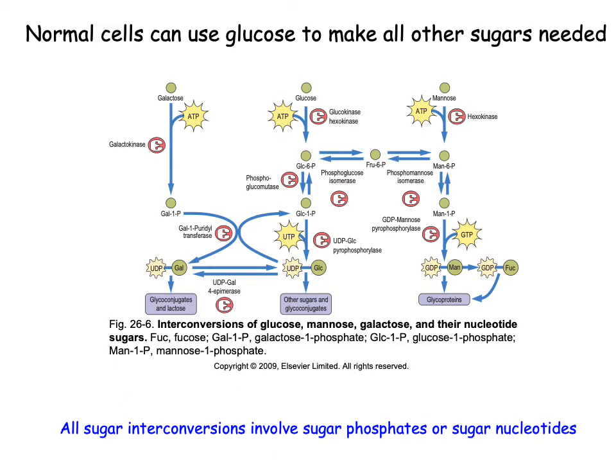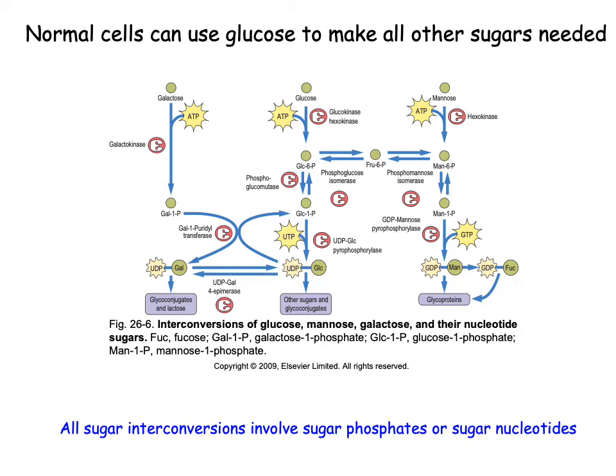Now, we touched on this the other day, and this just illustrates the point that normal cells can make pretty much any sugars from any other ones. The title of this is they can make it from glucose, and that's because glucose is a main monosaccharide that we ingest.